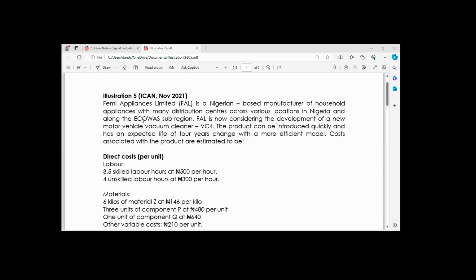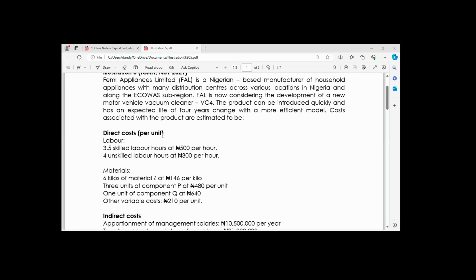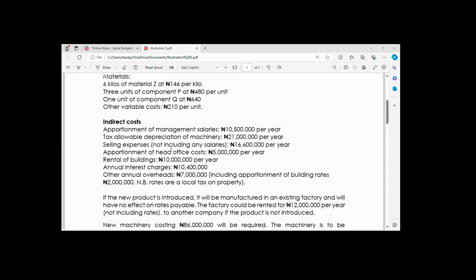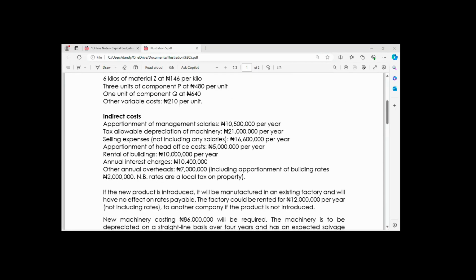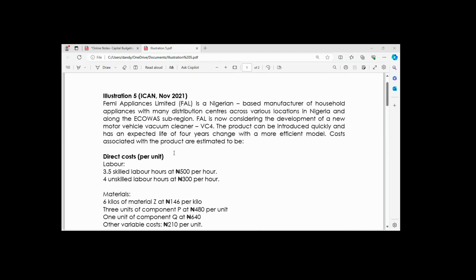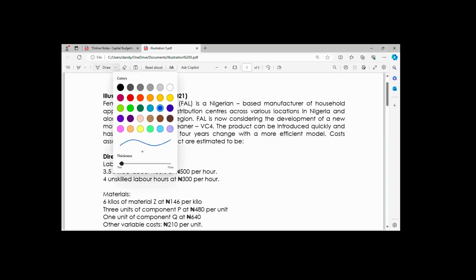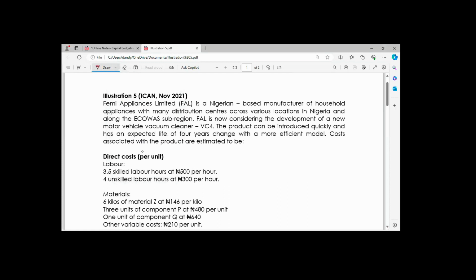This question was tested in November 2021, compulsory 30 marks. And for you to do well in this question, you must have a deep understanding of performance management. As you can see from the screen, in this question we are given direct costs.